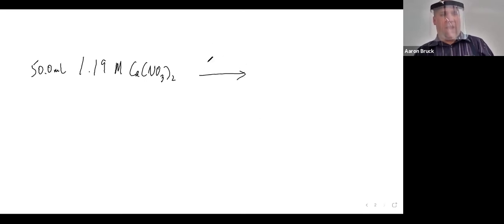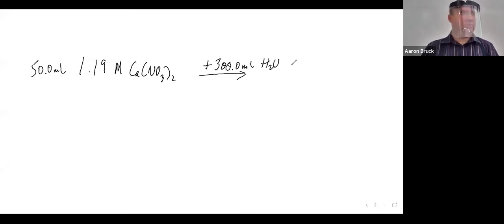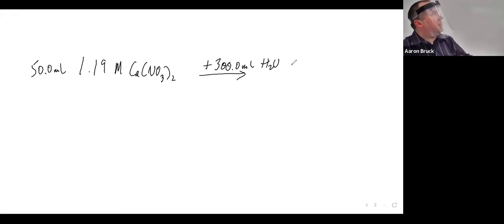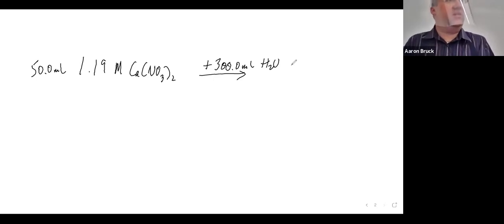And we're going to add 300 milliliters of water to it. How would we go about figuring out what the new concentration of our solution is?